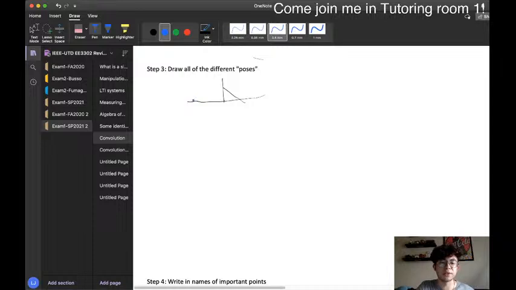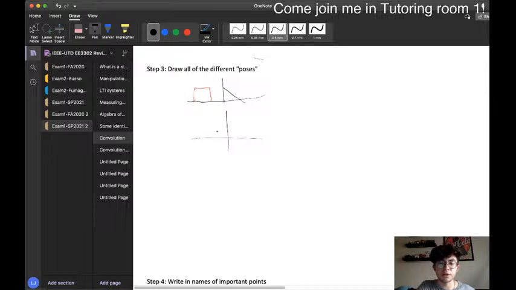I'm going to draw our shifted signal in red. I've been liking red today. So that's the first one.